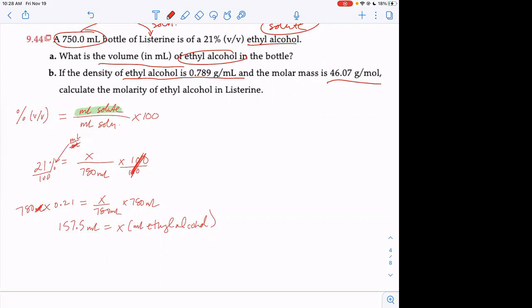Yeah, moles over. Right, so molarity is moles of ethyl alcohol over liters of the solution. Do we have either of these pieces? Okay, what do we have?